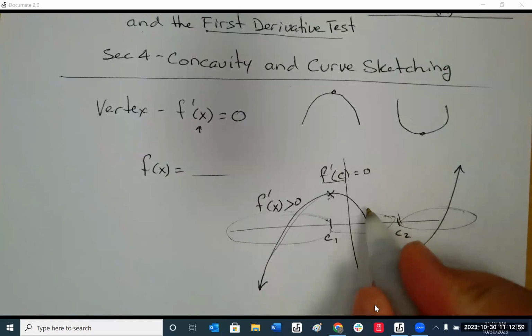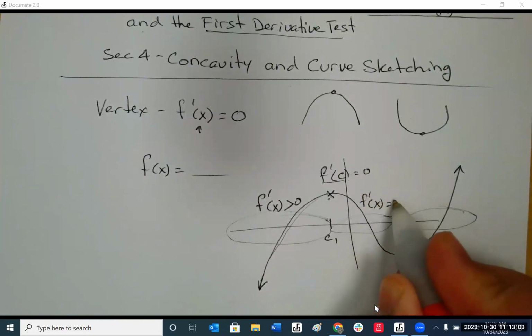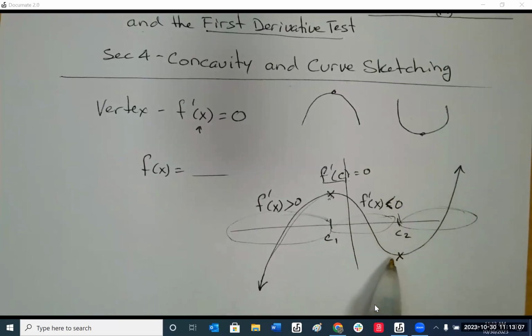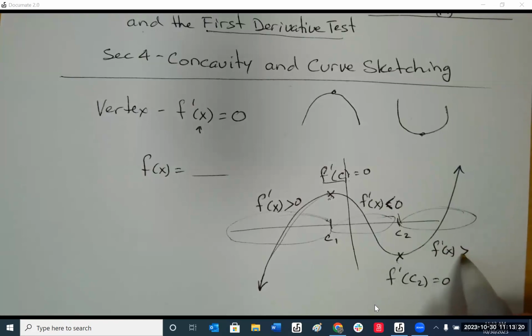Then it's 0, and then the first derivative becomes negative. It goes down until it gets to here, where it's 0 again. Then it starts going up. So the first derivative of these x values will be back to being positive.